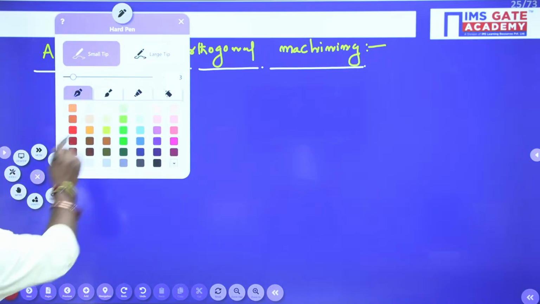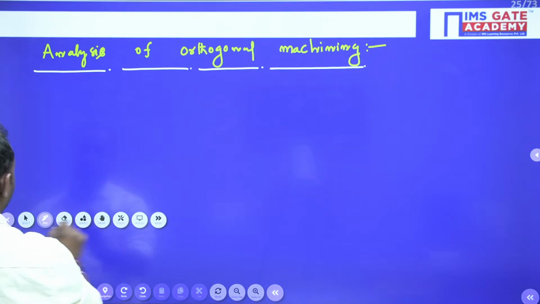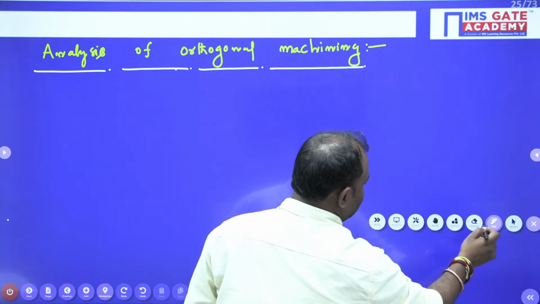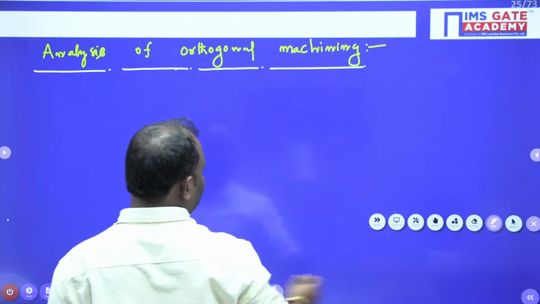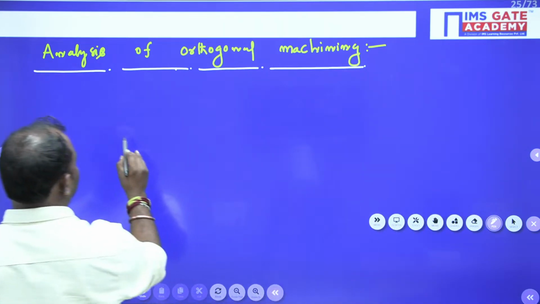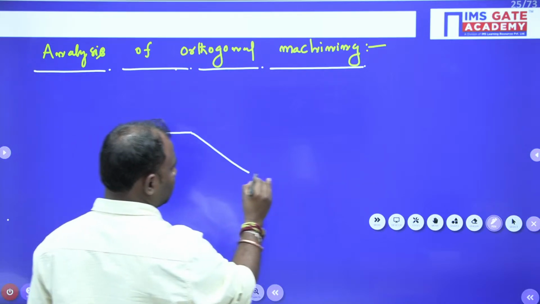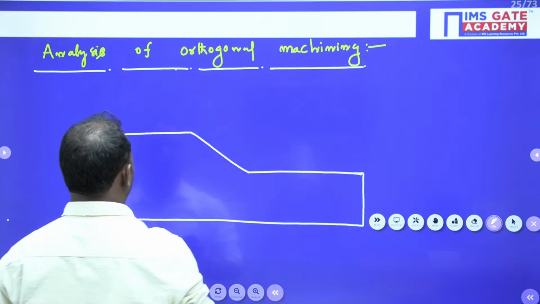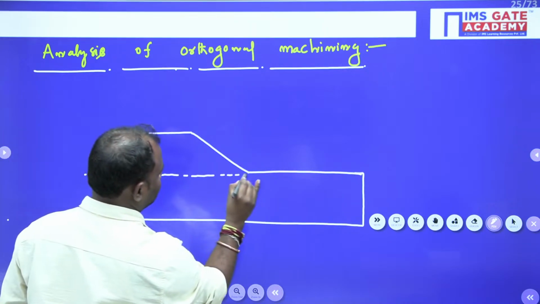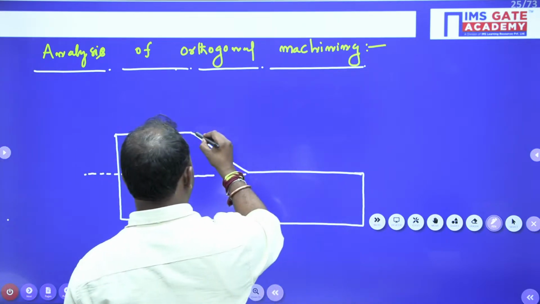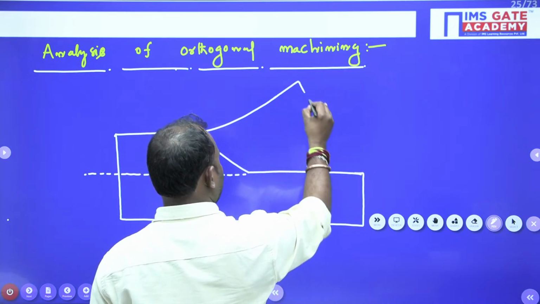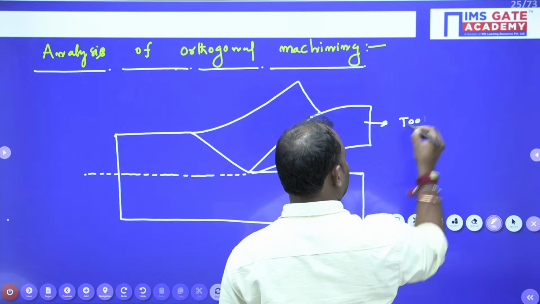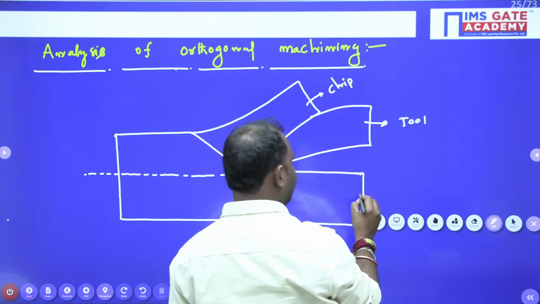So with the help of a diagram, I will draw this. Right, this is the tool, this is the chip, and here it is the workpiece.